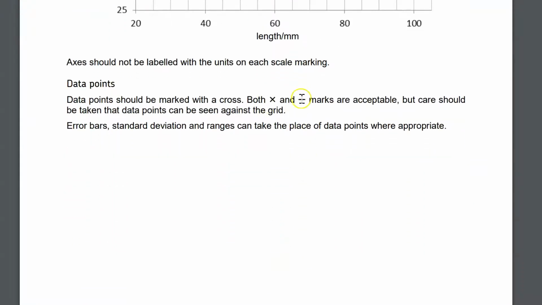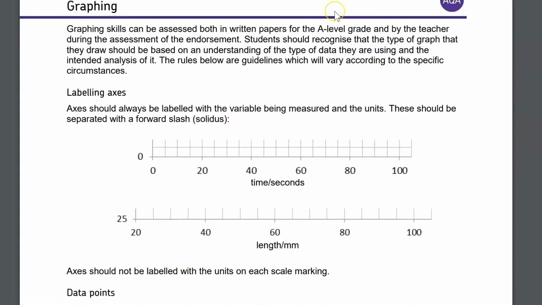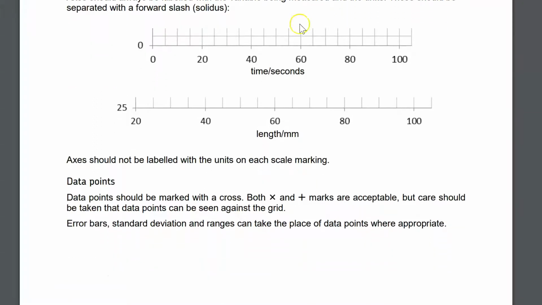You've got to have clear, sharp data points that definitely indicate a single position. So you can't have sort of circles, for instance. You've got to have your separation such that each of these lines actually represents a value.